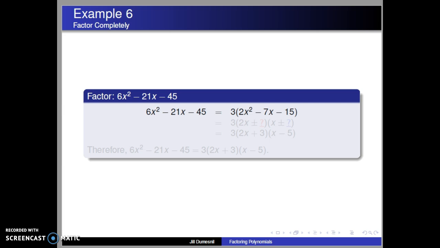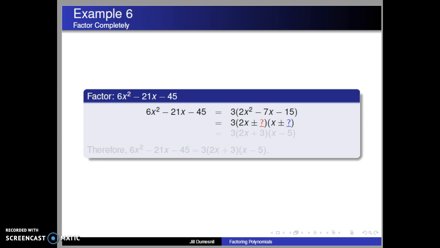To factor this trinomial, we would need two numbers that multiply to negative 30 and add to negative 7. Negative 10 and positive 3 have those properties.